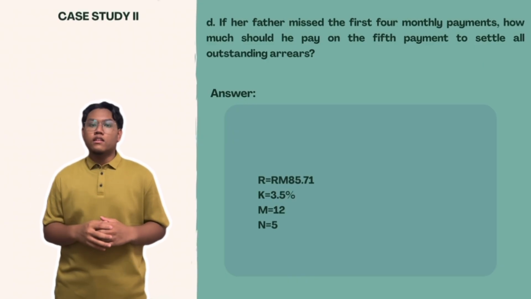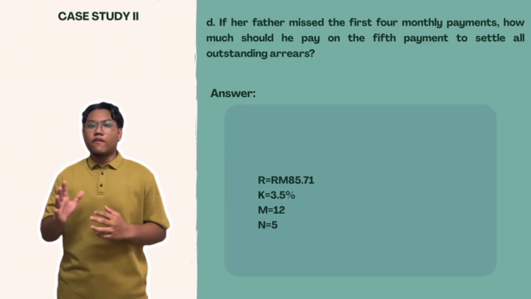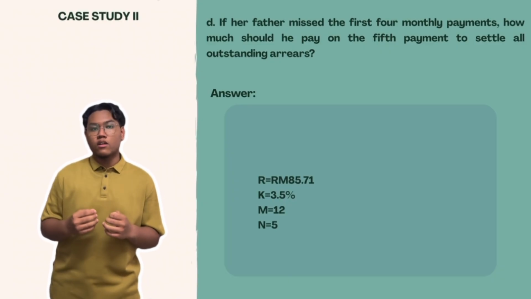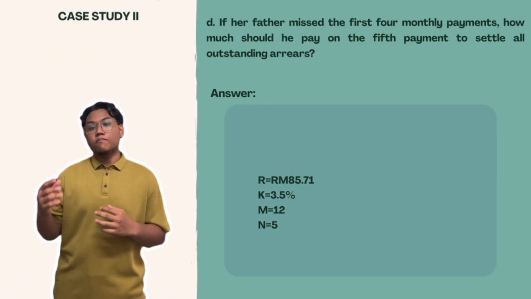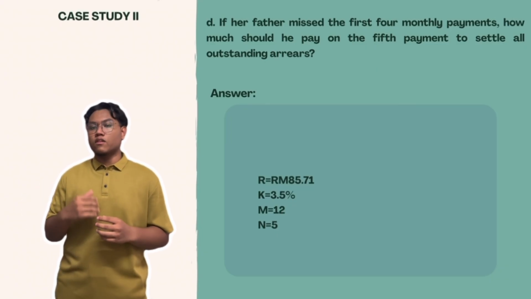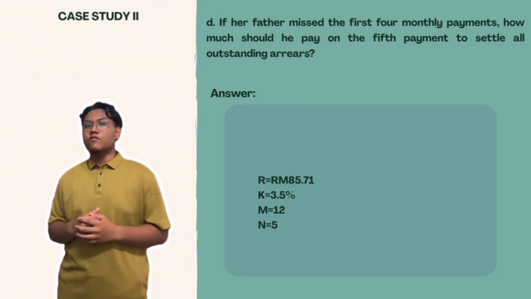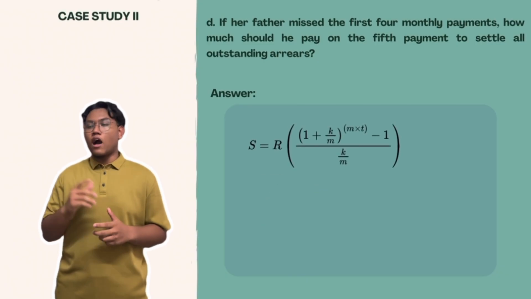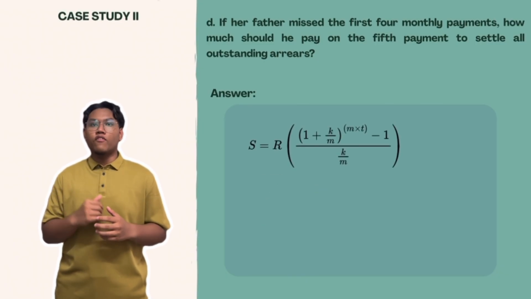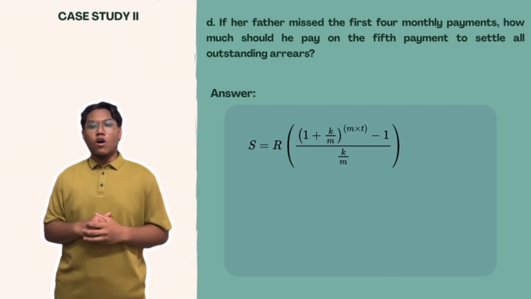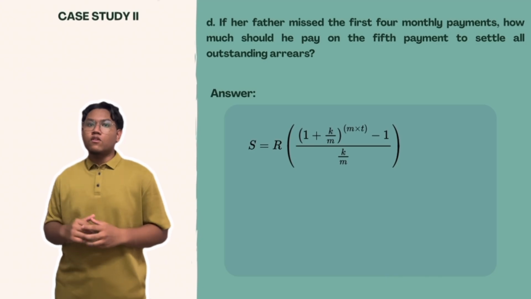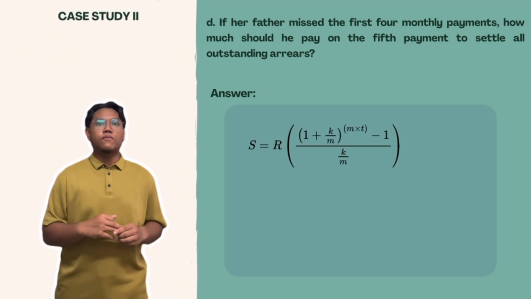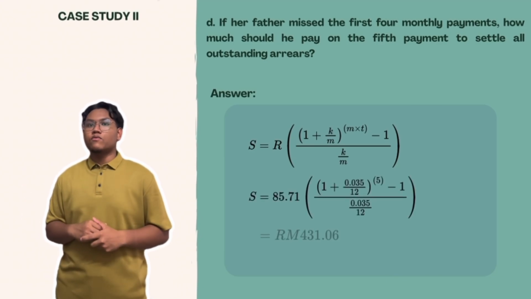Here, n will be 5, because he wants to pay all the payments on the 5th month. So n is going to be 5. For this question, we are going to use S equals R[(1 + k/m)^(mt) − 1] over k/m. We just substitute all the information that we have listed and we get the answer.